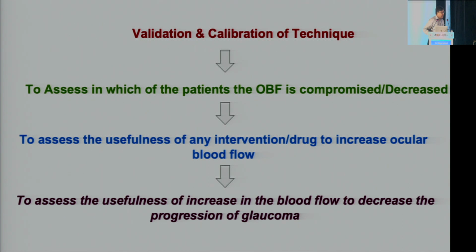Like visual fields, we train our interns and optometrists how to do it, to assess in which patients the ocular blood flow can be compromised or decreased, then to assess the usefulness of any intervention, whether we give a drug or go for a cardiological intervention, can it increase our ocular blood flow? And last but not least, if this ocular blood flow is increased, can it lead to any decrease in the progression of glaucoma? That is the question that still needs to be answered.